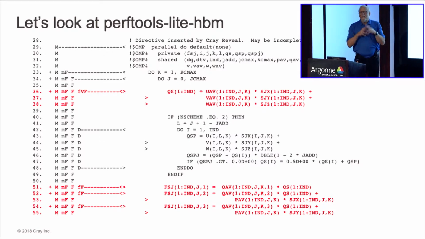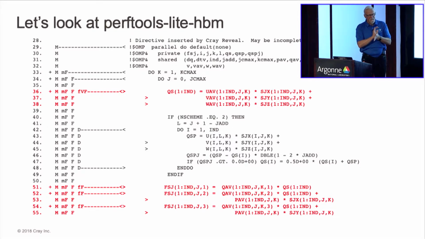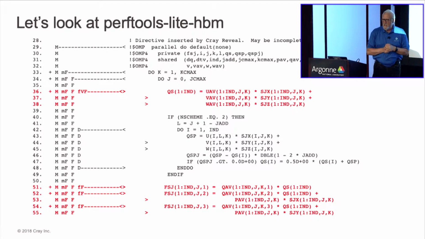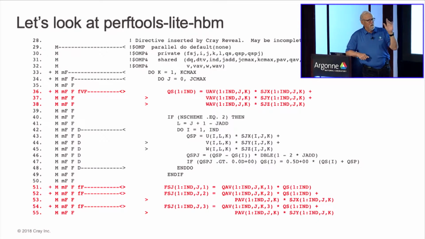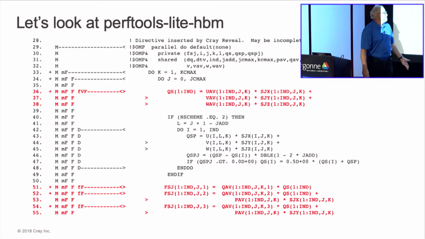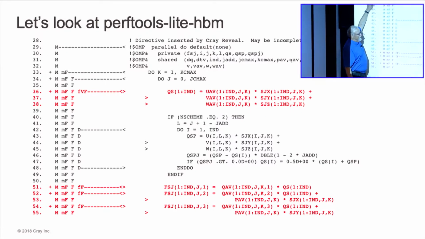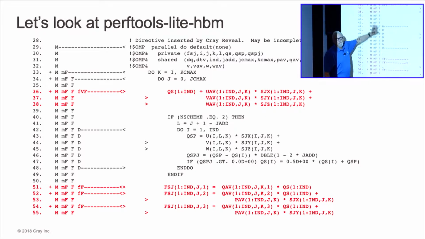So, compilers cannot optimize array syntax very well, especially on GPUs. If you have a GPU code using OpenMP offload, never, ever, ever use array syntax. You have to convert it to loops. And that's what this is telling you. This is using a lot of time, or memory bandwidth.